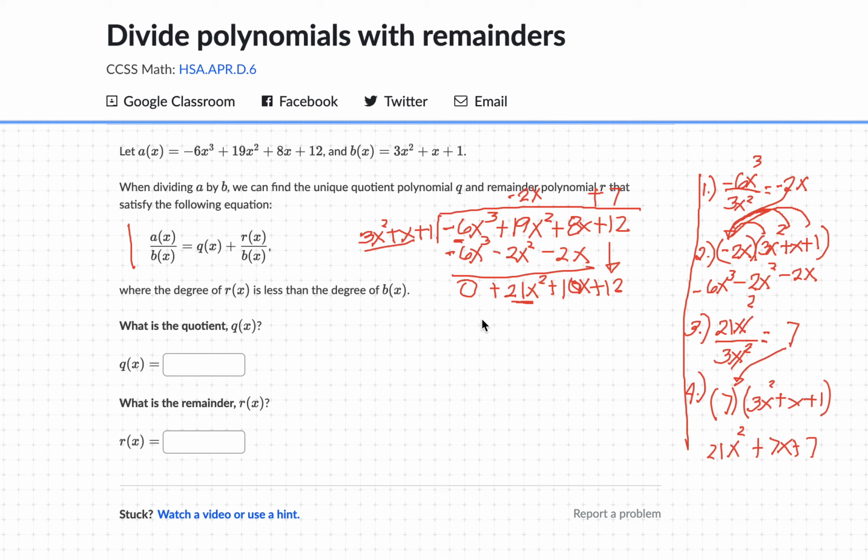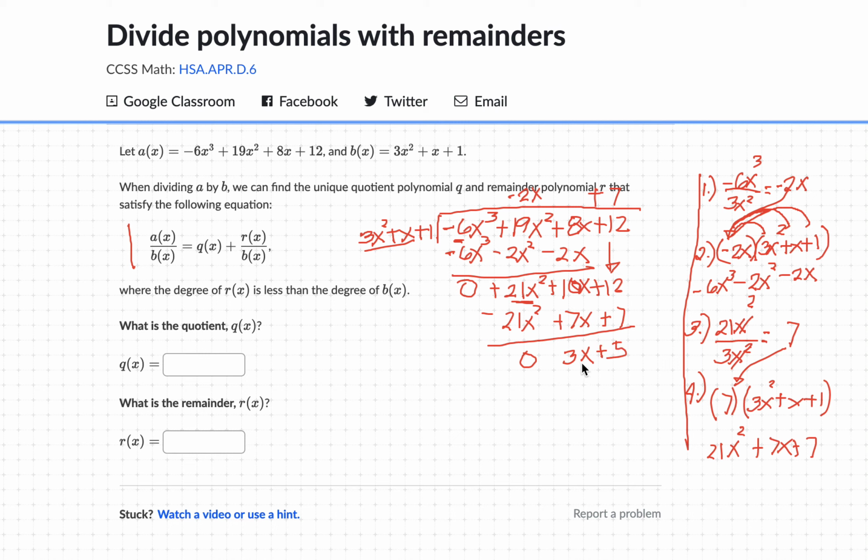So we write it down, minus 21x squared plus 7x plus 7. So let's subtract. This one will just give us a 0. 10x minus 7x, that is going to give us a 3x. 12 minus 7, that's just going to give us a 5.